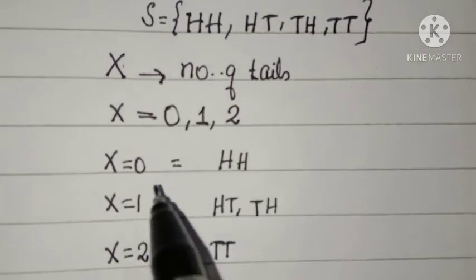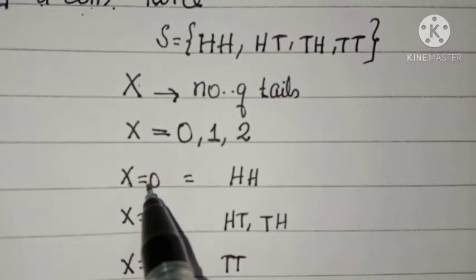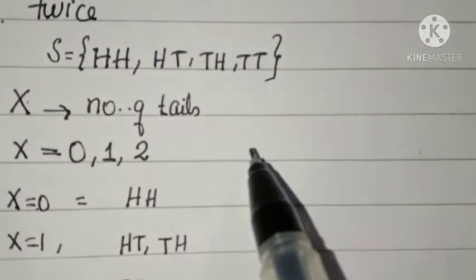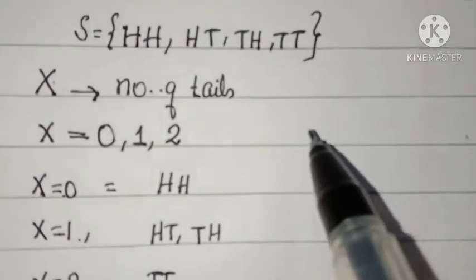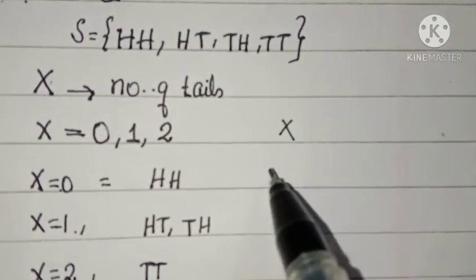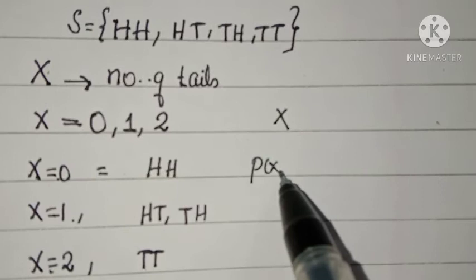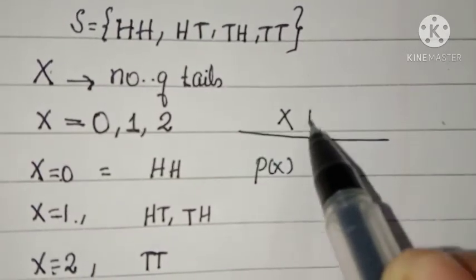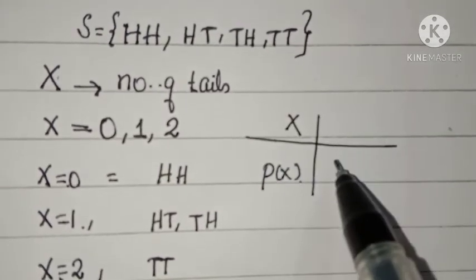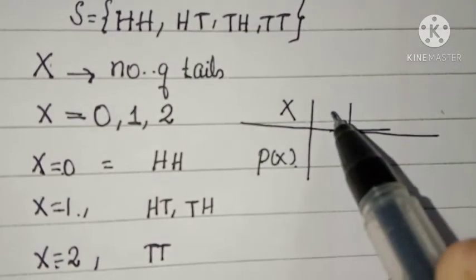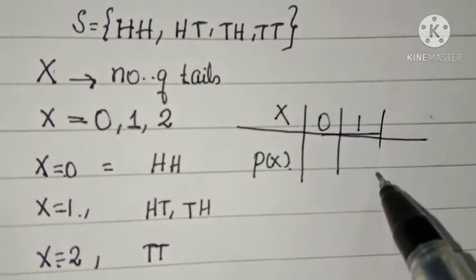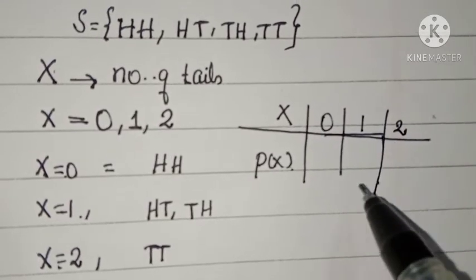So we need to find the probability of these three values, x equal to 0, x equal to 1, x equal to 2. So listen, x and its probability p of x. X means random variable and p of x is its probability distribution. So here x can take only three values 0, 1, 2.